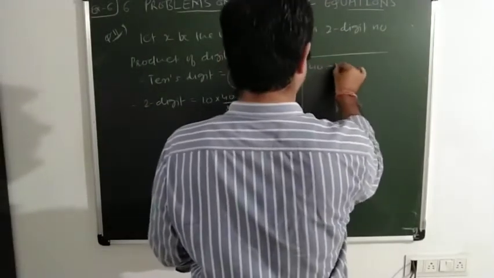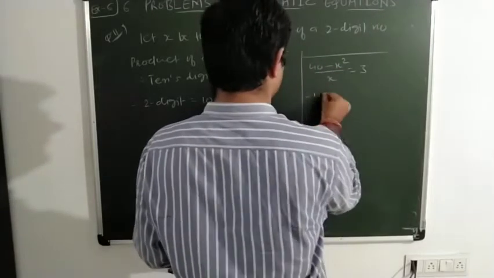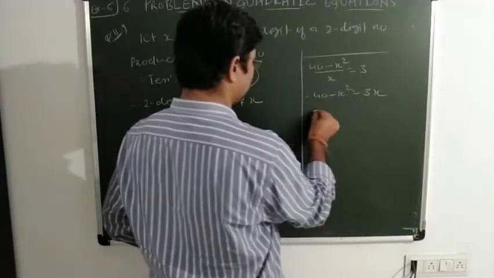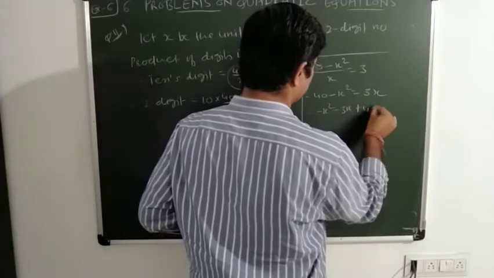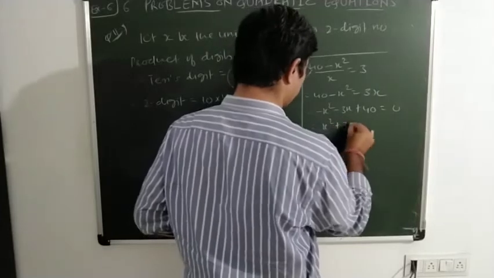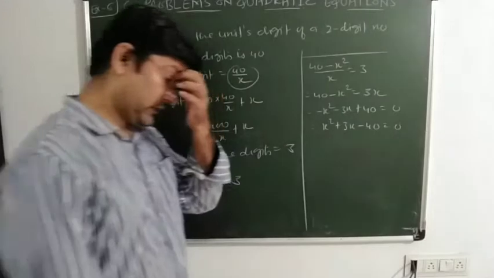So 40 minus x square upon x is equal to 3. Therefore 40 minus x square is equal to 3x. Therefore minus x square minus 3x plus 40 is equal to 0. Therefore x square plus 3x minus 40 is equal to 0.